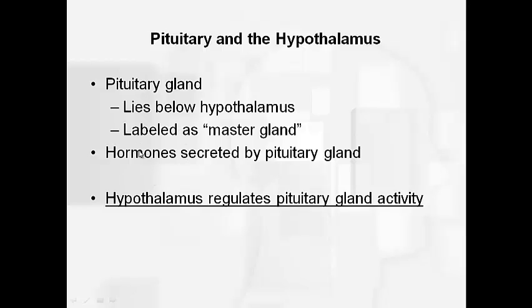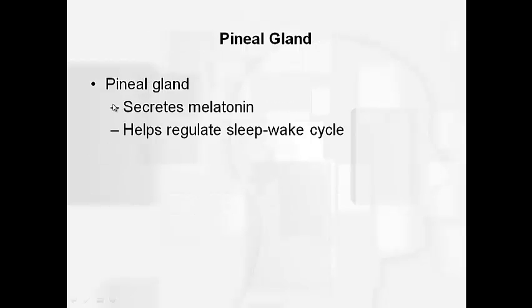Some hormones, sometimes called factors, are secreted by the pituitary. They travel in the bloodstream and they affect the functioning of other glands. An example of another gland is the pineal gland, which is located below our eyes, and it secretes a hormone called melatonin.